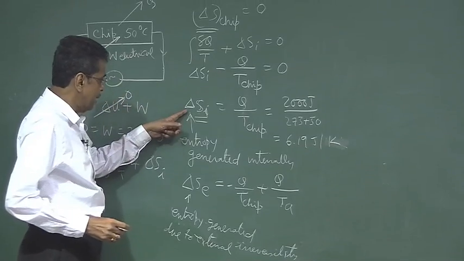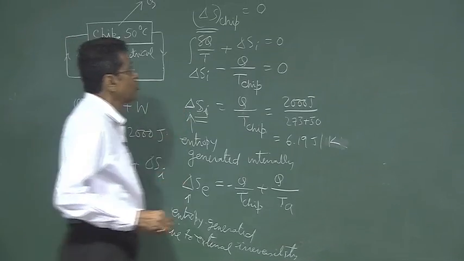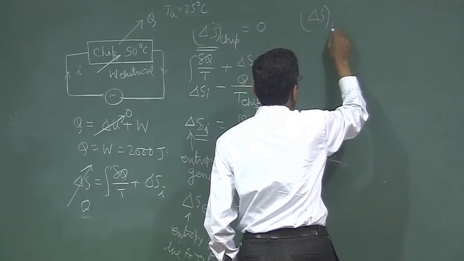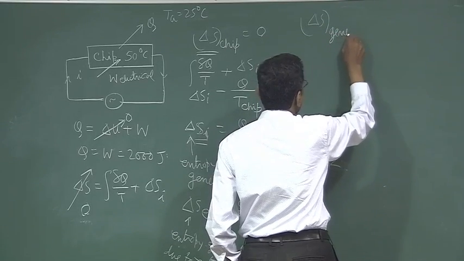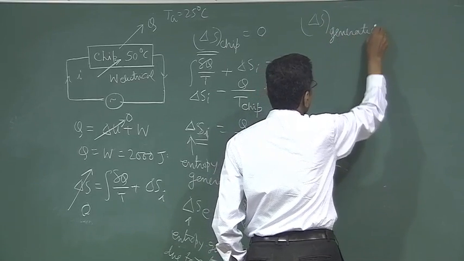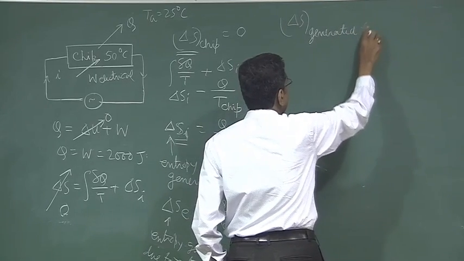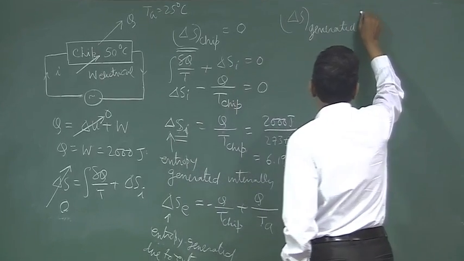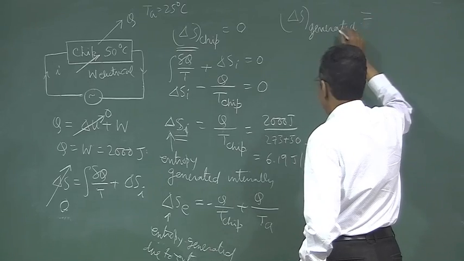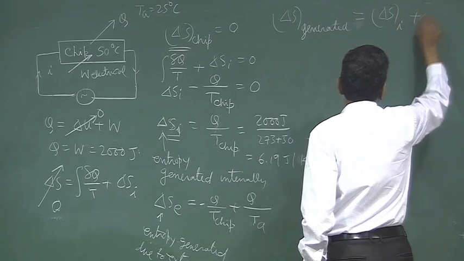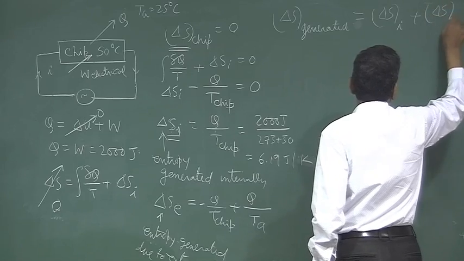This is due to internal irreversibility, and this due to external. So the total entropy generated, delta S total, is the entropy generated due to internal irreversibility and external irreversibility.